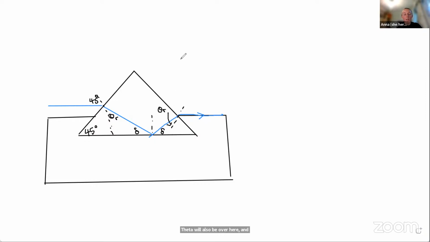And then we've got Snell's law where n1 sine theta i is n2 sine theta r. So we can see that this works both ways.